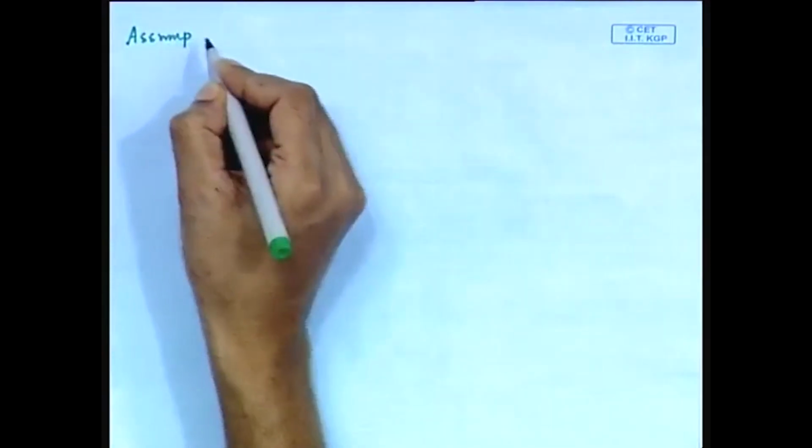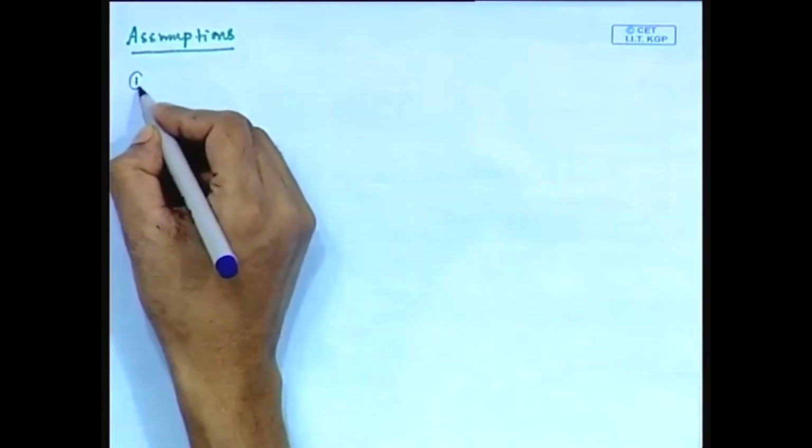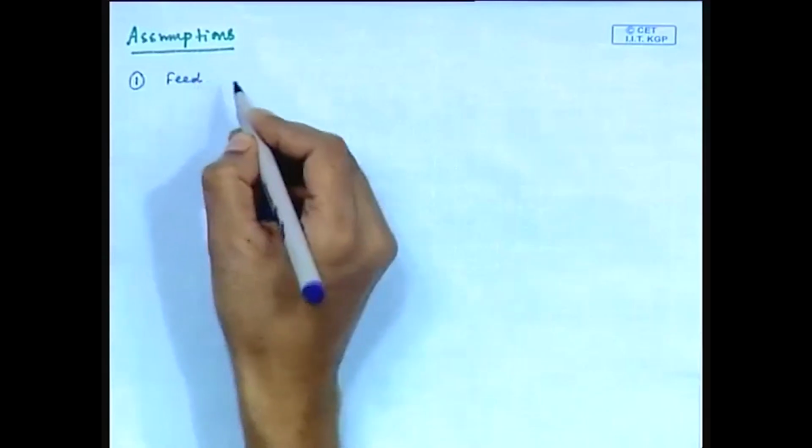Next, we will develop the model based on some assumptions. So, what are the assumptions? First assumption is feed is a saturated liquid.